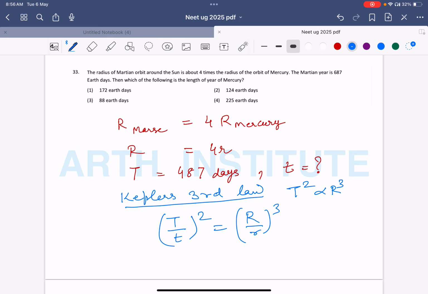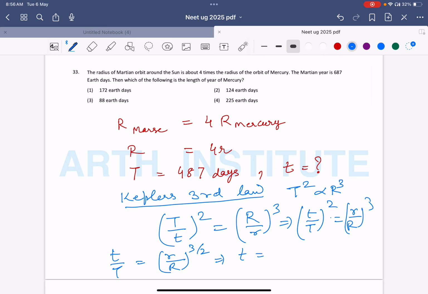As we are interested in finding small t, so I can say small t by capital T, or t by T is equal to r by R to the power of 3 by 2, right?